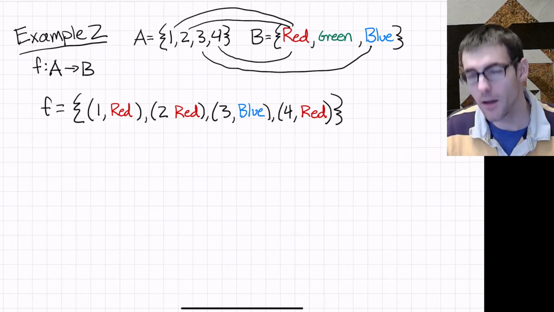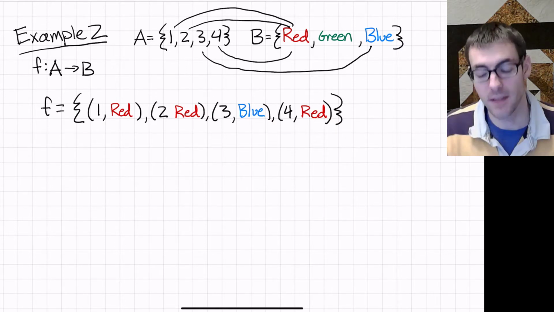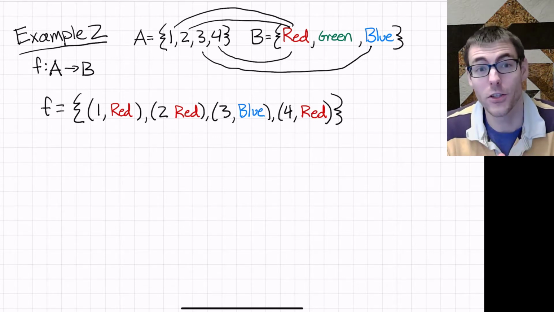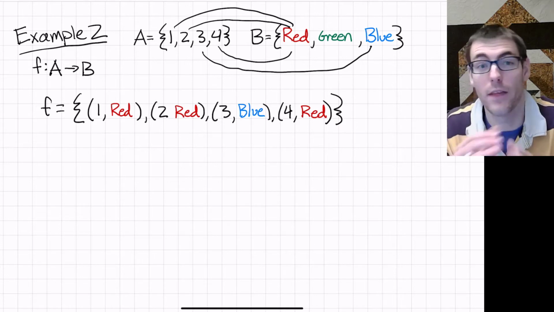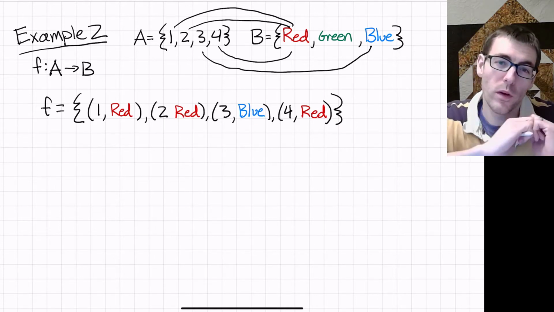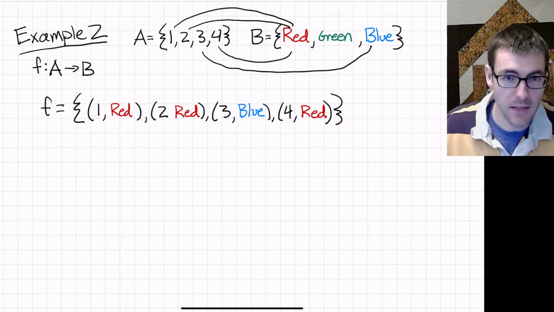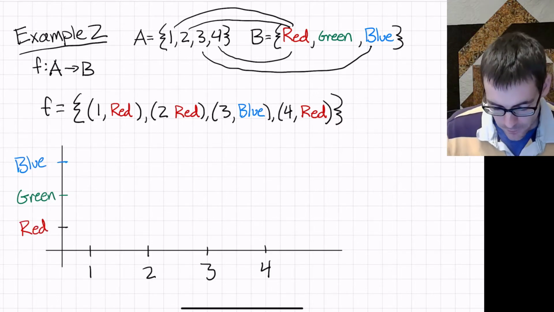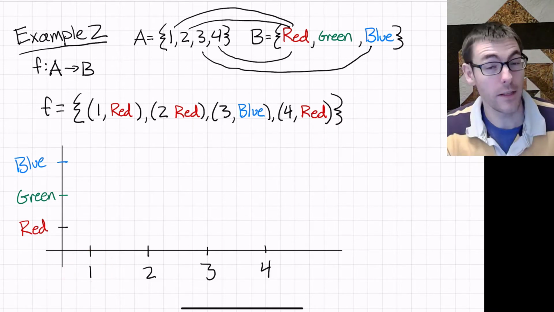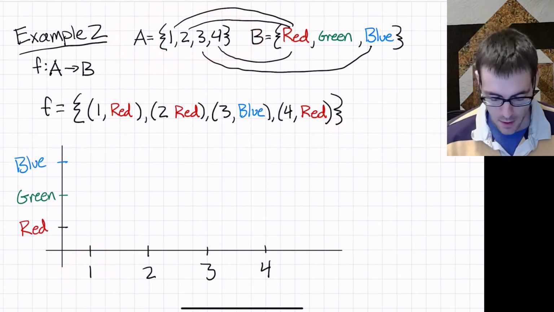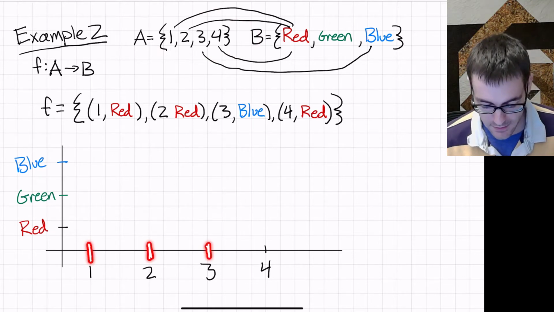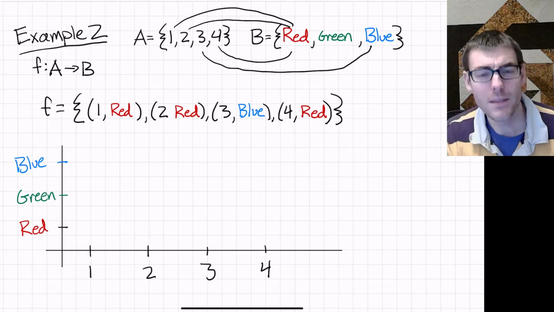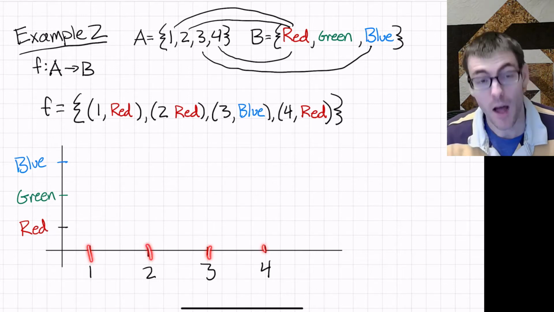Another technique for representing a function is to graph it. Just like with our function f of x equals x squared that goes from the real numbers to the real numbers, we put the inputs along the x-axis and the outputs along the y-axis. Because these sets are discrete, the inputs happen at certain points, so we wouldn't ever be drawing anything in the middle, but we can still represent the function by plotting points.